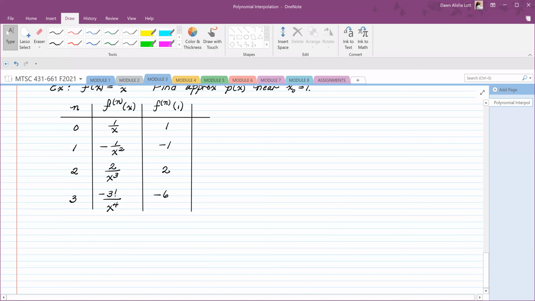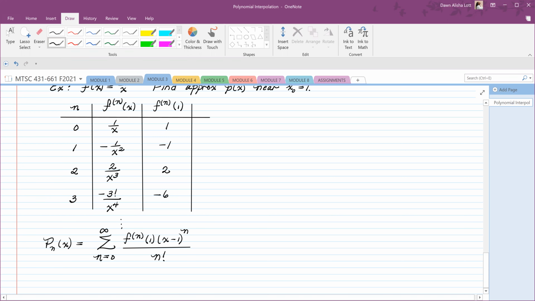So you keep doing this. We know that this polynomial that we're trying to come up with, Pn of x, is the sum n equals 0 to infinity of the nth derivative at 1 times x minus 1 to the n over n factorial.